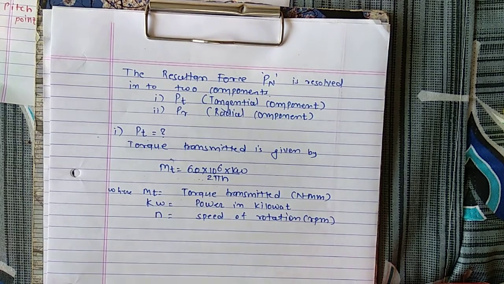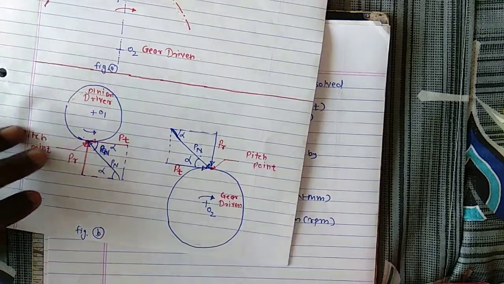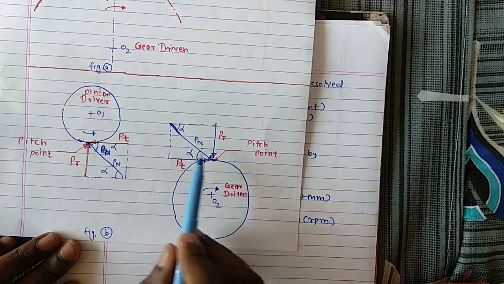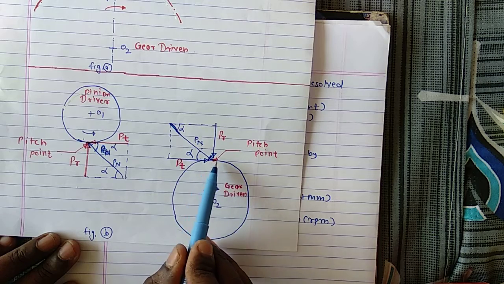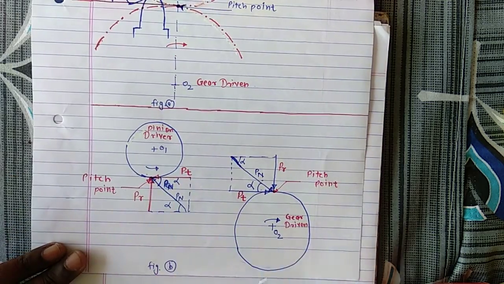Okay. Now we have seen the equation for torque and the tangential component PT. To calculate it, I will refer to this figure. Here we have seen that PT is a tangential component which is tangent to the gear as well as the pinion.